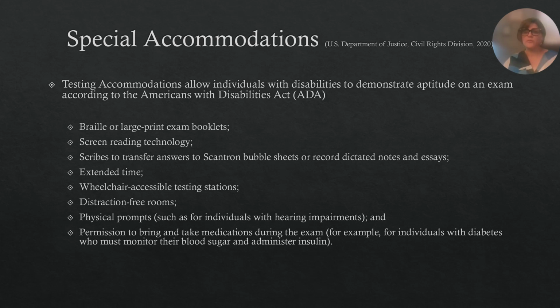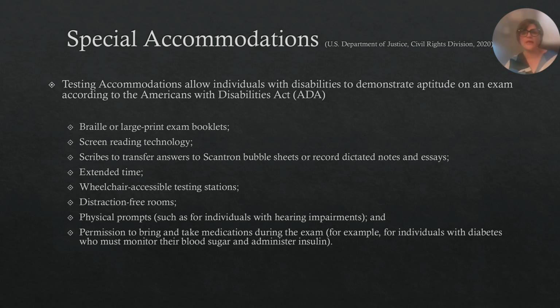Special accommodations are required by law for people who have disability, and this is outlined by the Americans with Disabilities Act. There are some helpful resources online that I've included as reference here on this slide, but just a general overview of the most common items that could be requested for accommodation would be a large print exam book, some type of screen reading technology.